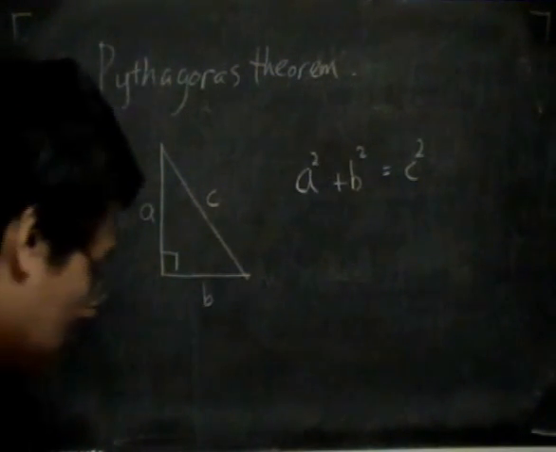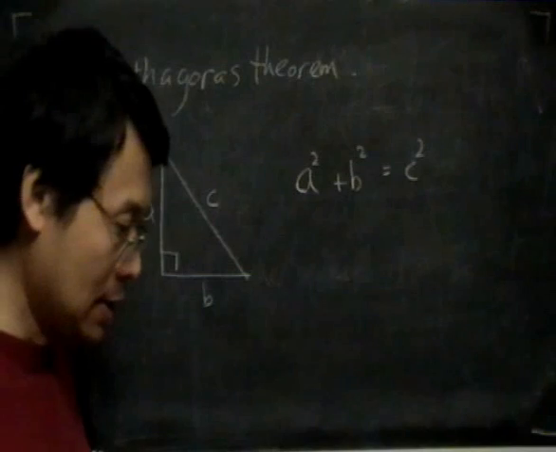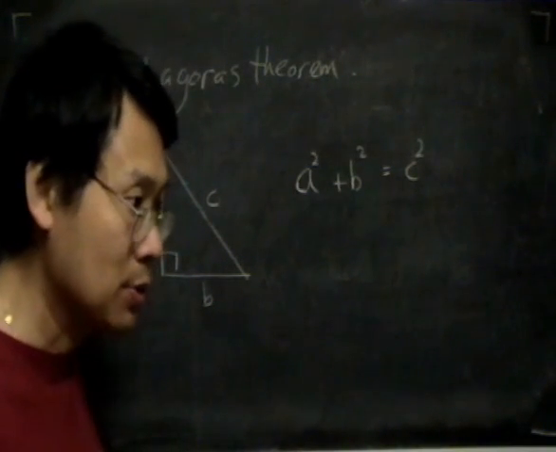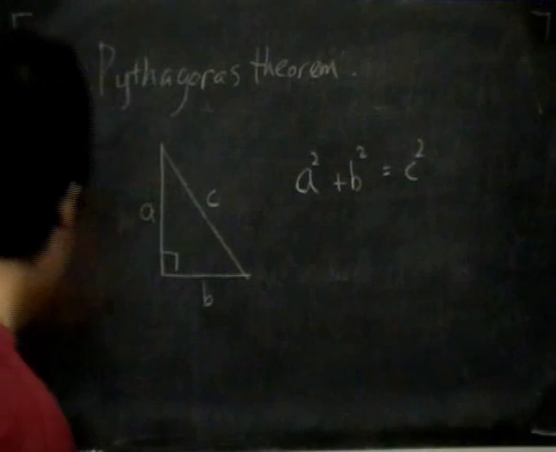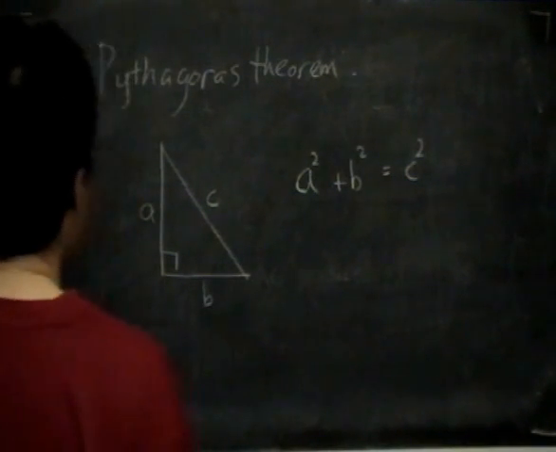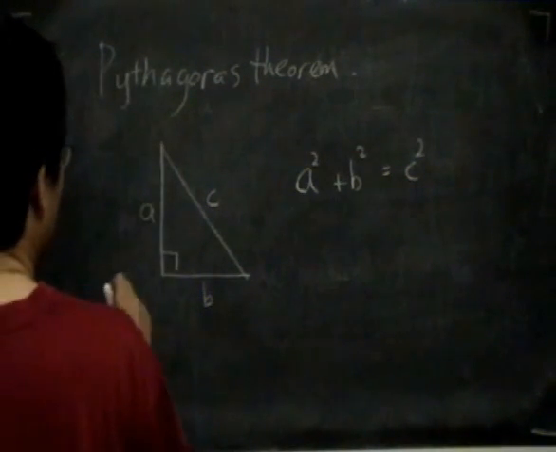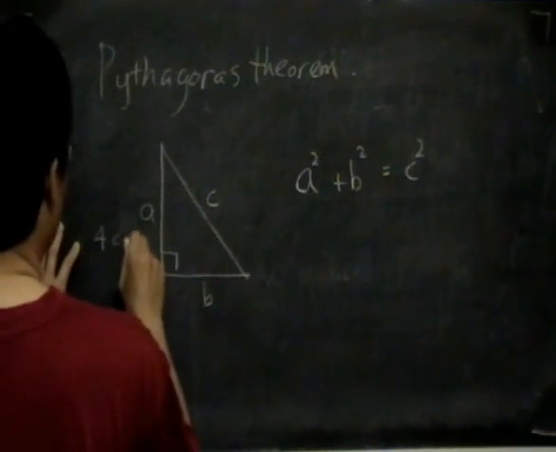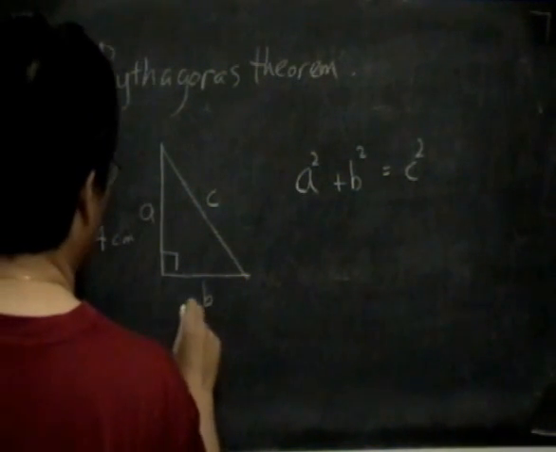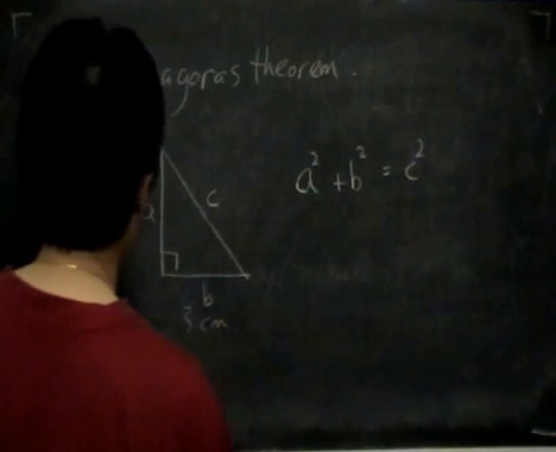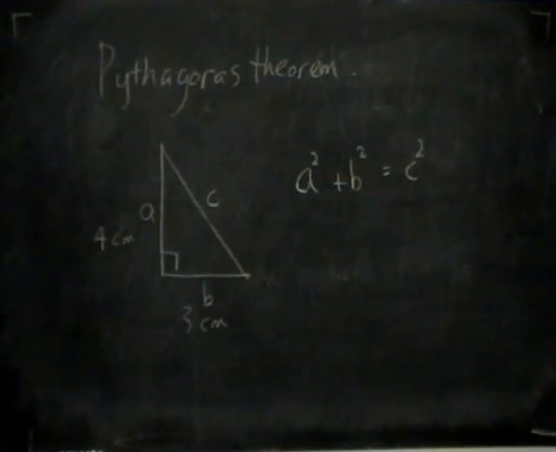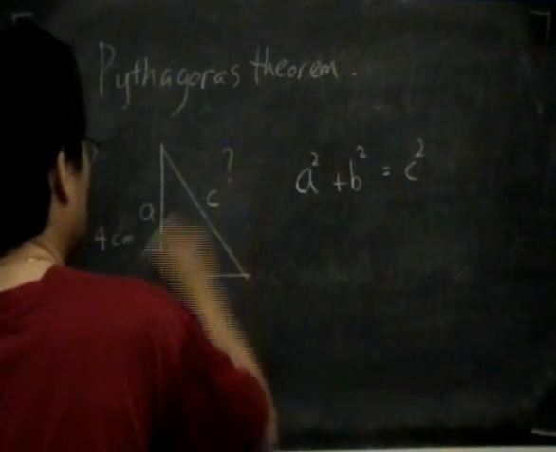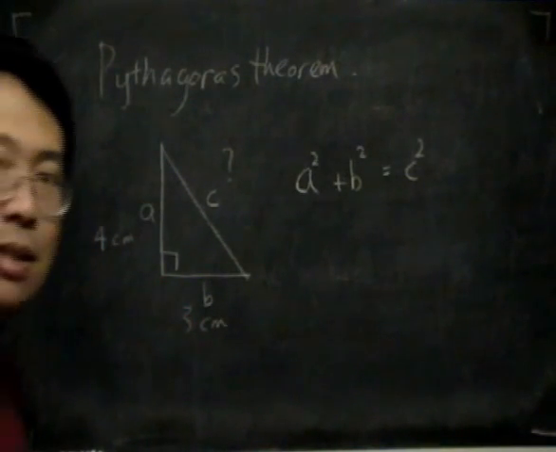Suppose that I put in some numbers as an example. Suppose that this side is 4 centimeters and that side is 3 centimeters. Okay, and the question is, what is the length of that side?